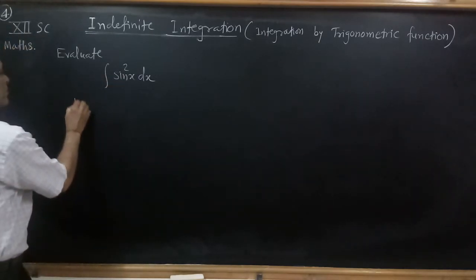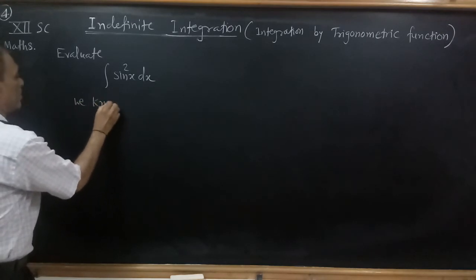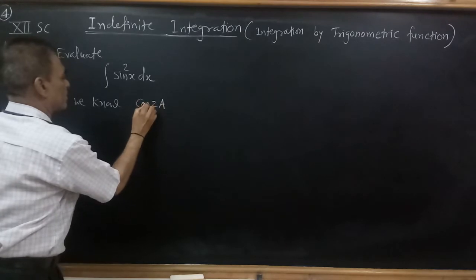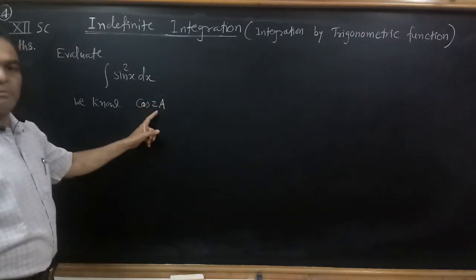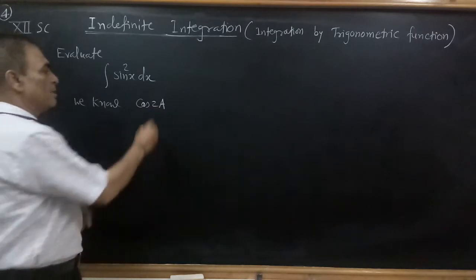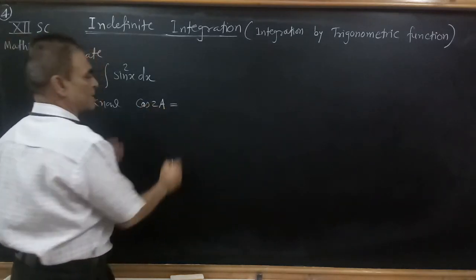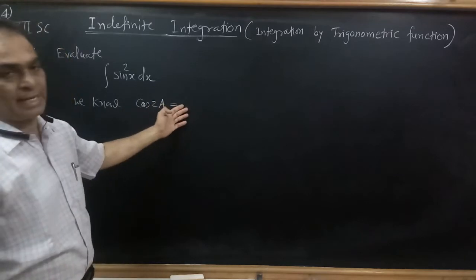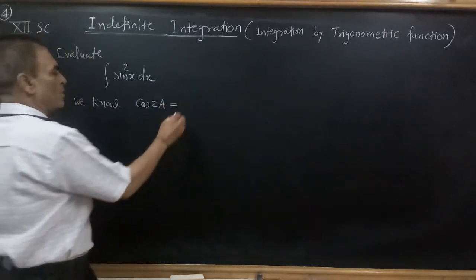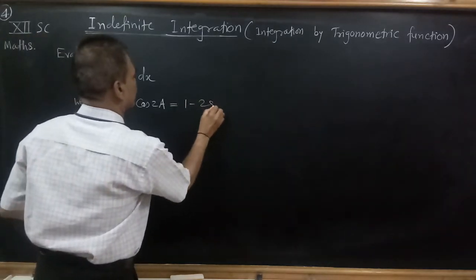Everybody knows, we know cos 2a equal to... multiple angles. Remember the multiple angles, double angles. Cos 2a equal to, the first formula is cos square a minus sin square a. The second formula is 1 minus 2 sin square a.